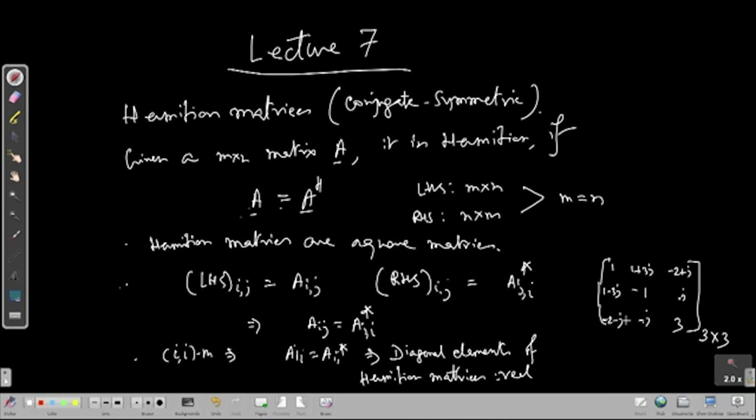Now before I go into this Hermitian matrix, why you are doing the Hermitian matrix, let's come to that. Last time I took a branch, I went into this side, Hermitian transposition and all.